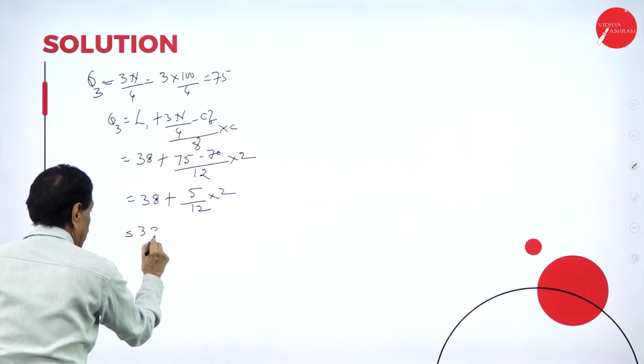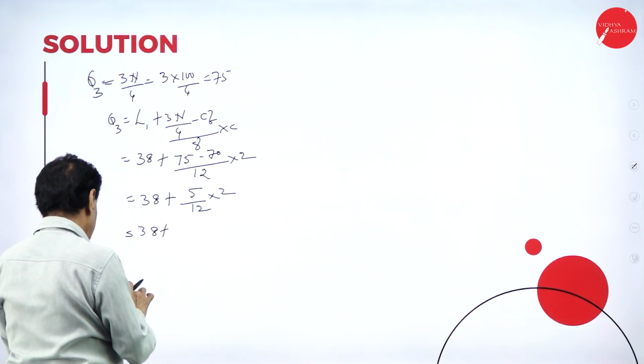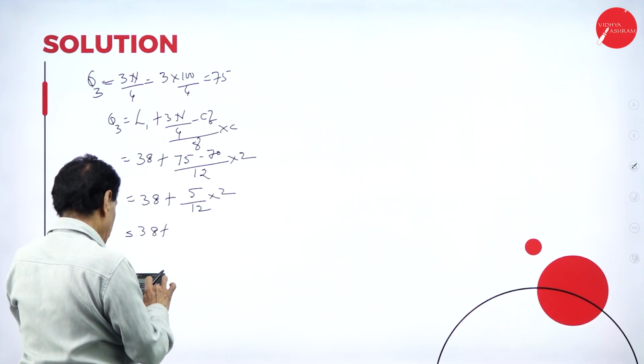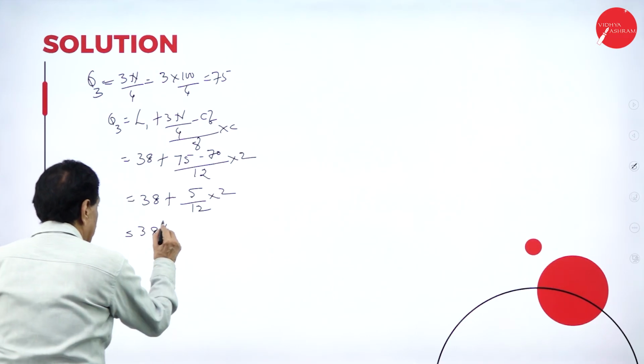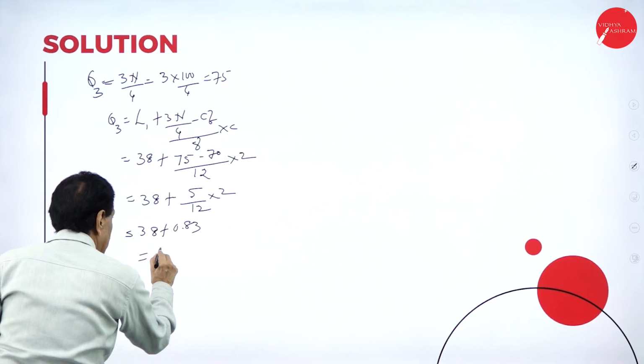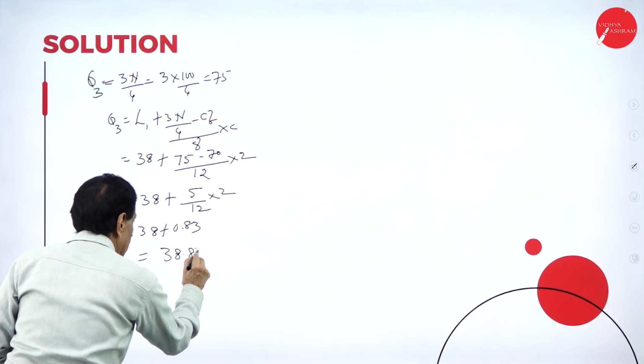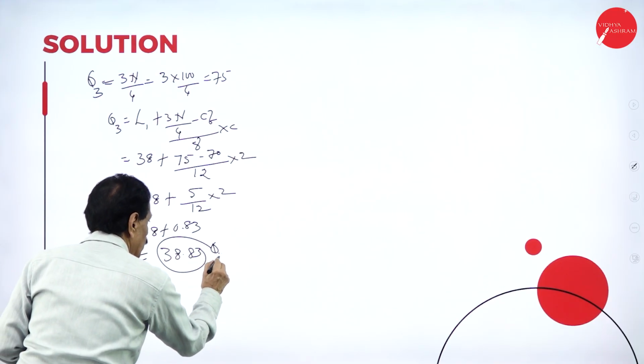This is 38 plus 10 divided by 12, 0.83. 38.83. This is your Q3.